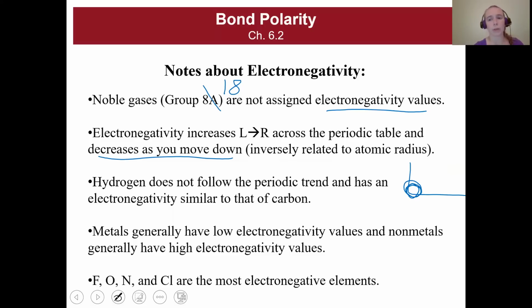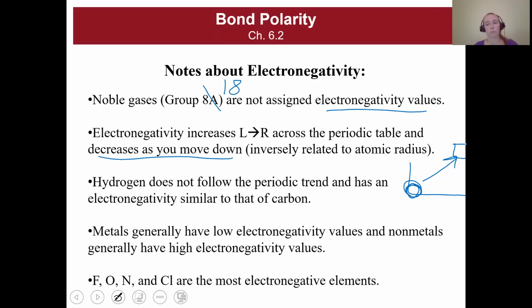Up here in the upper right, instead, we have the smallest of the atoms, and that means that when they are interacting with electrons in a bond shared between them and another atom, they have a tiny atomic size, so the electrons in the bond can get really close to the nucleus and feel that positive charge.